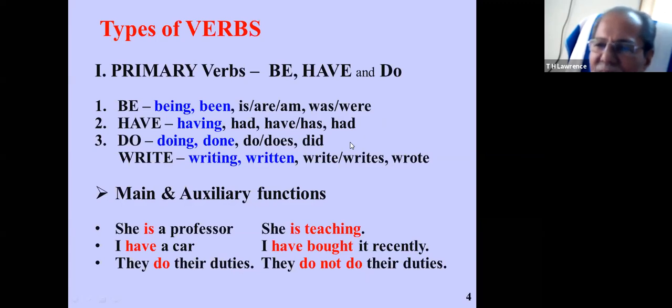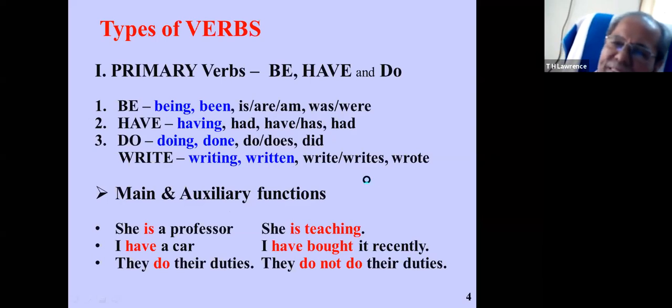Again, these are the verbs that we can use as main and auxiliary. Then do, does, did. These are the verbs under do we can use as main and auxiliary. Again, similar to do, we have so many other verbs like write. Okay, this is just an idea about the first type of verb, that is primary verb.